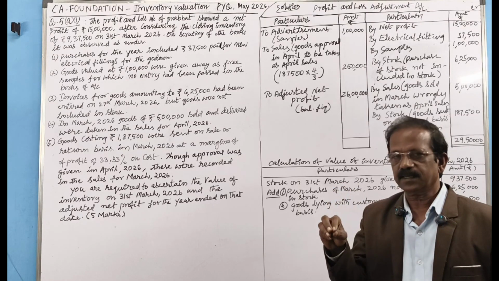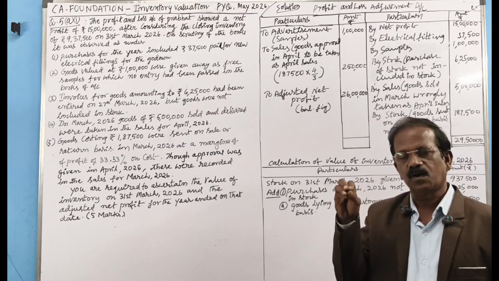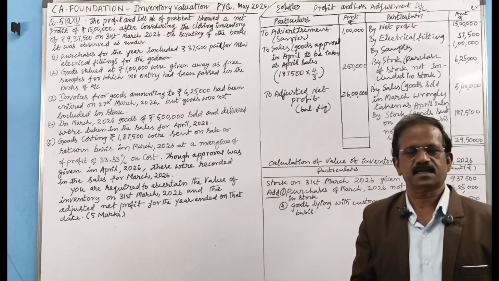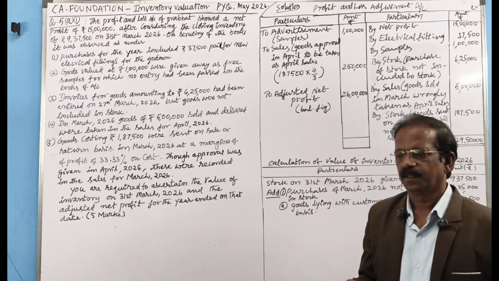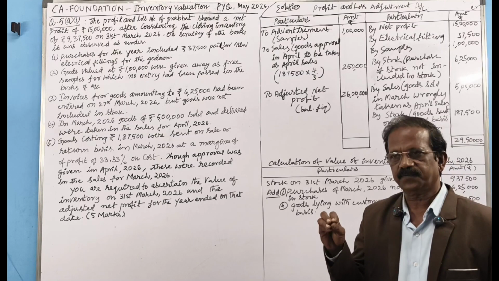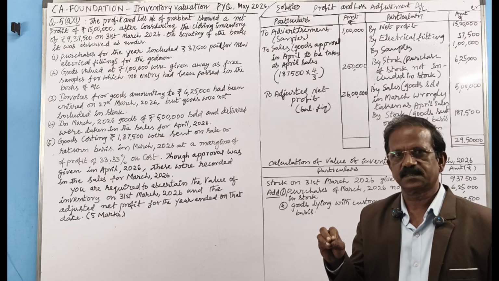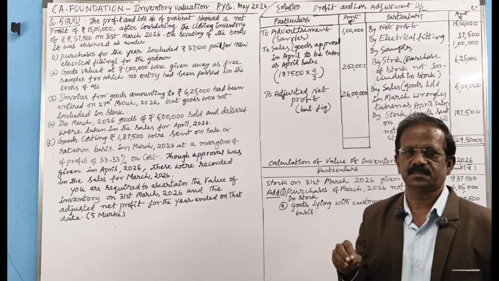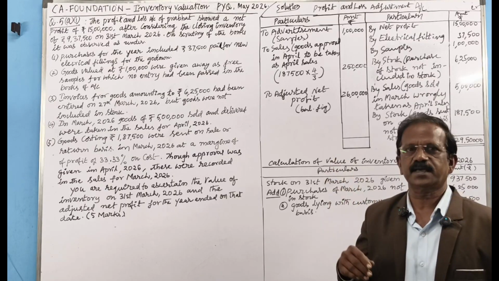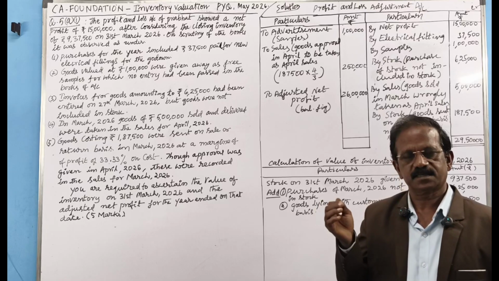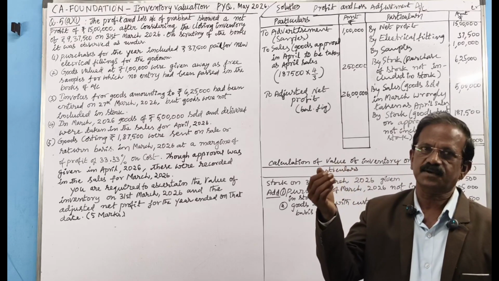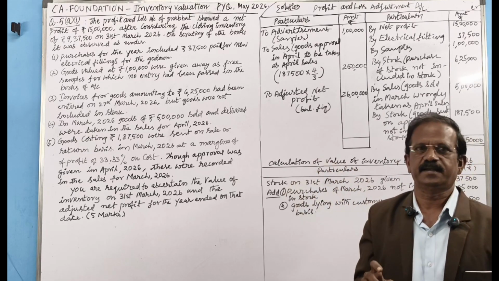That electrical fittings were wrongly debited to purchases account. How can it be wrong? Purchase of electrical fittings is an asset purchase. That should be added to asset. Electrical fittings account should be debited. Instead of that, purchases account had been debited.